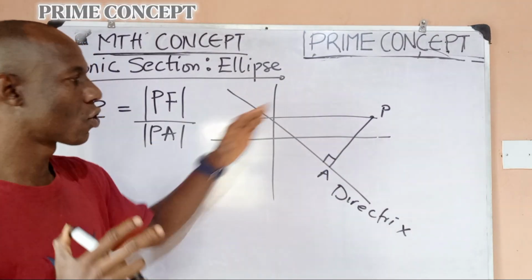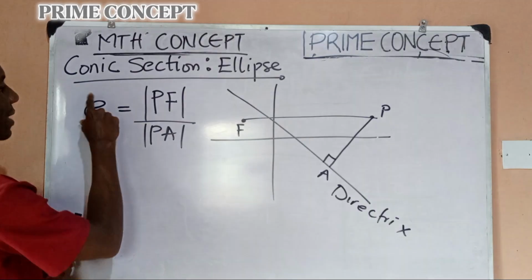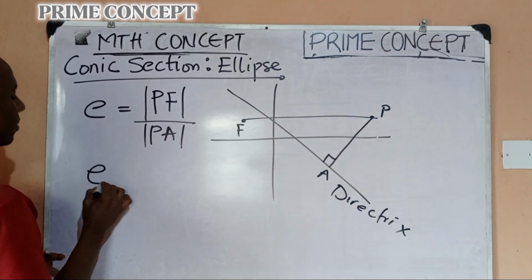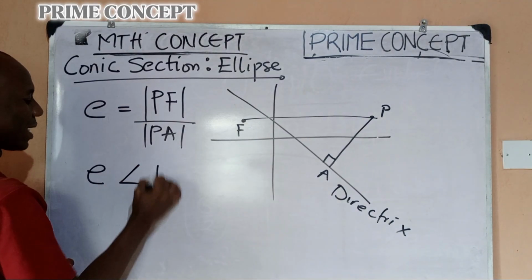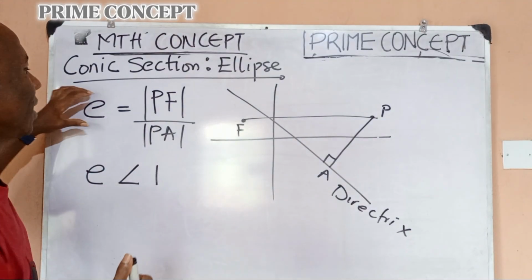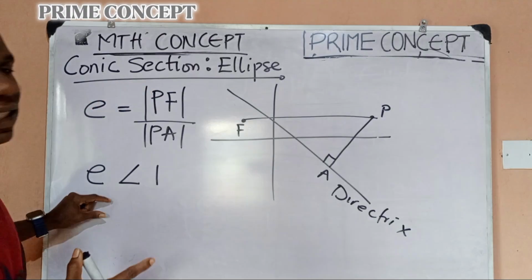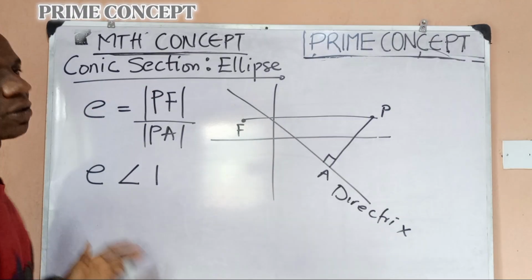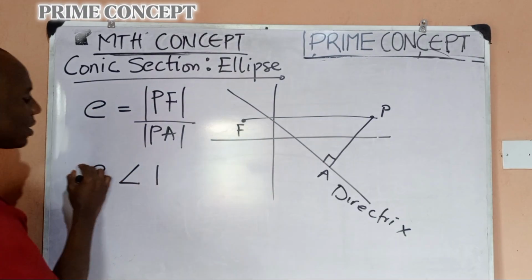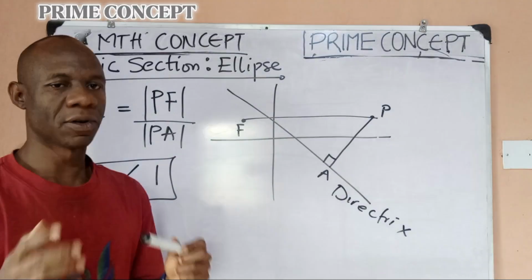Now, for this conic to represent an ellipse, it simply means that the eccentricity E should be less than 1. So the definition for an ellipse is that a point moves such that the constant ratio is always less than 1. E here represents eccentricity. So this is the major definition for an ellipse.